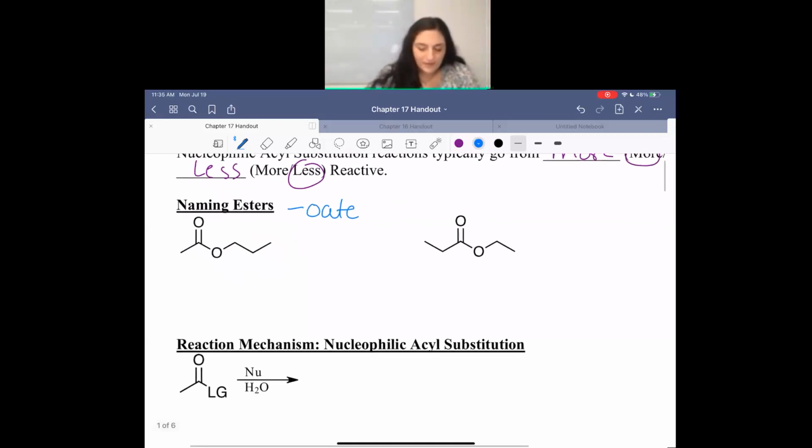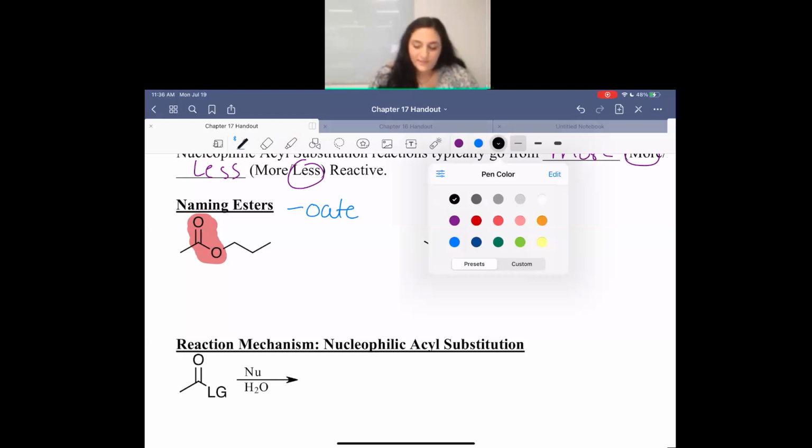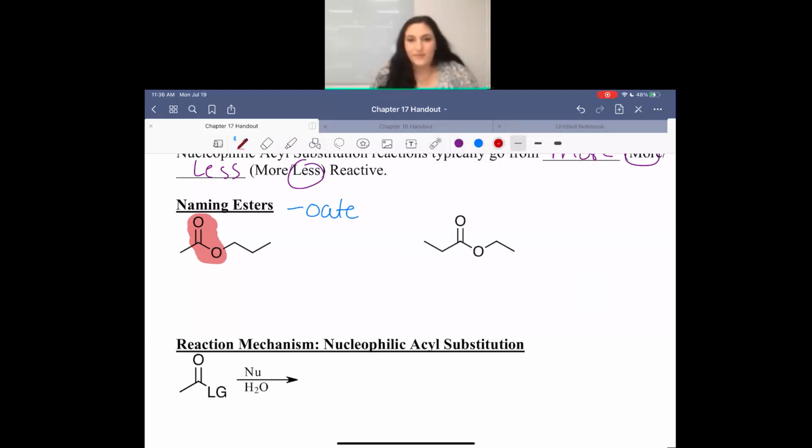The next part is what's kind of tricky. And so we are going to break it into pieces, right? We know that this part is the ester group, and we know that that is going to be the suffix because it's the highest priority functional group, the biggest deal. So we're going to, at the end, put -oate.